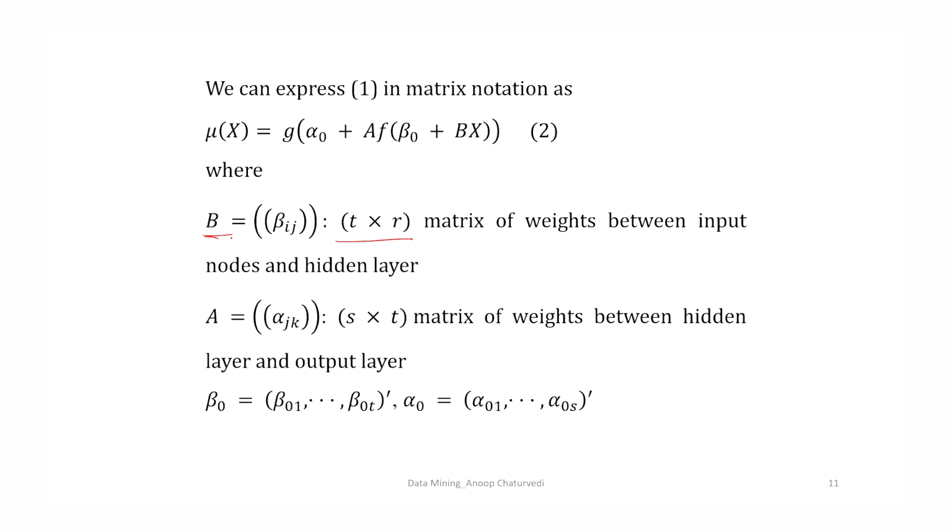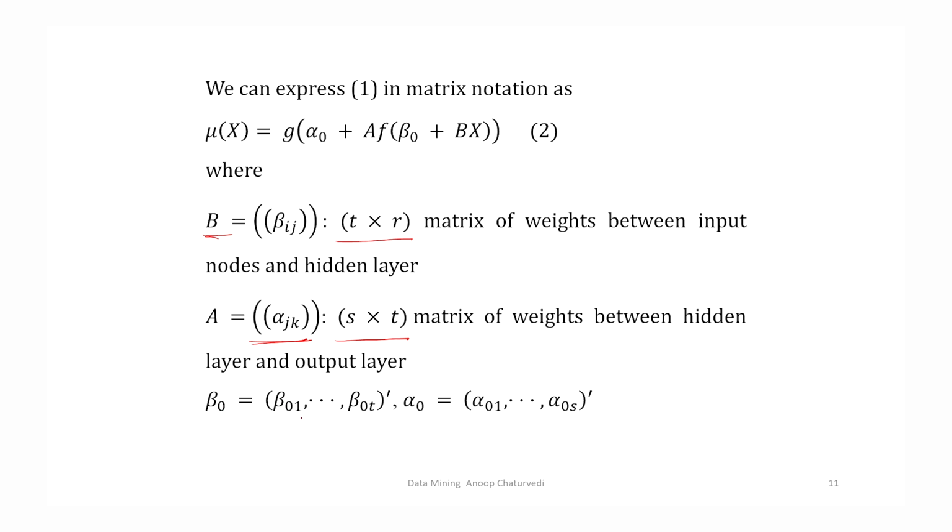Ijth element of B is beta ij, and A has jkth element alpha jk. So, A is S cross T matrix of weights between hidden layer and output layer. So, B is the matrix of weights between input layer and hidden layer, and A is the matrix of weights between hidden layer and output layer.